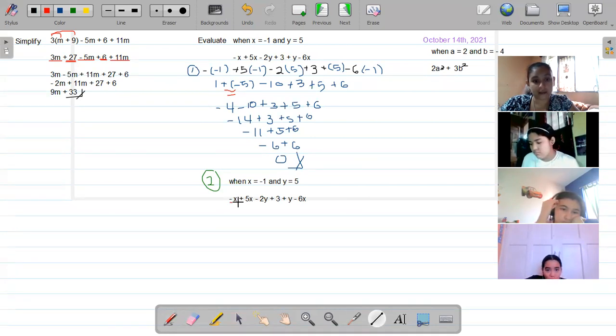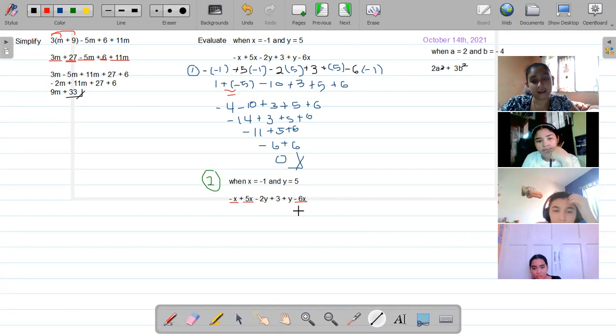Do I have another x in there? This is -x. Do I have a like term for -x? Any other term has a variable? -6x and what else? 5x.